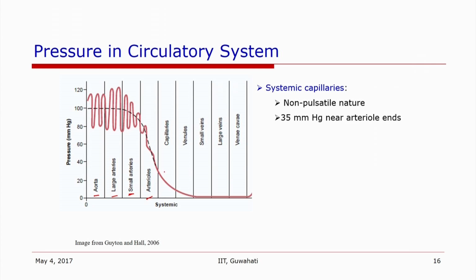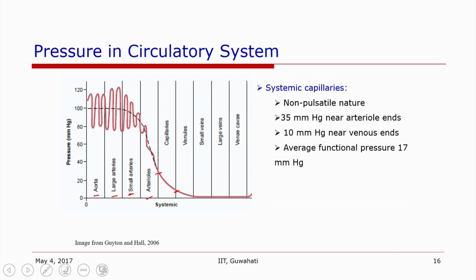The pressure in the capillaries at the entrance is about 35 mmHg, and when it comes out of the capillaries, it is about 10 mmHg. So the average pressure in the capillaries is about 17 mmHg, and as I said earlier, the pressure is almost 0 mmHg at the termination of the vena cava.